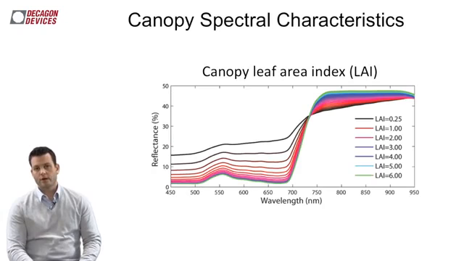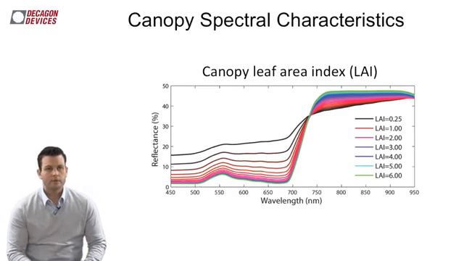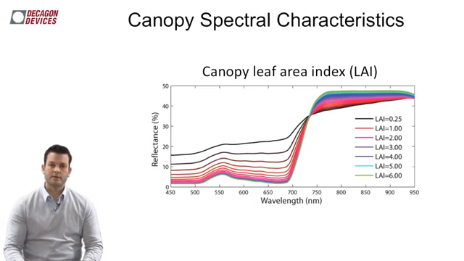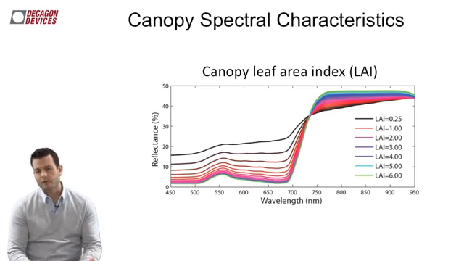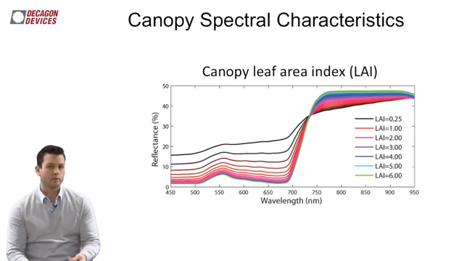So the examples I've shown up to now are really at the leaf level components. But you can imagine that we put all these leaves together in a plant canopy. We have many of them, so that the reflectance spectrum that we're observing from the canopy is a mixture of many leaves.